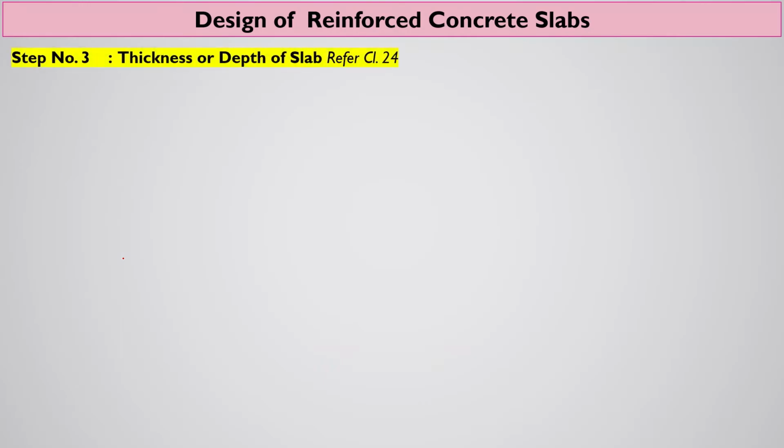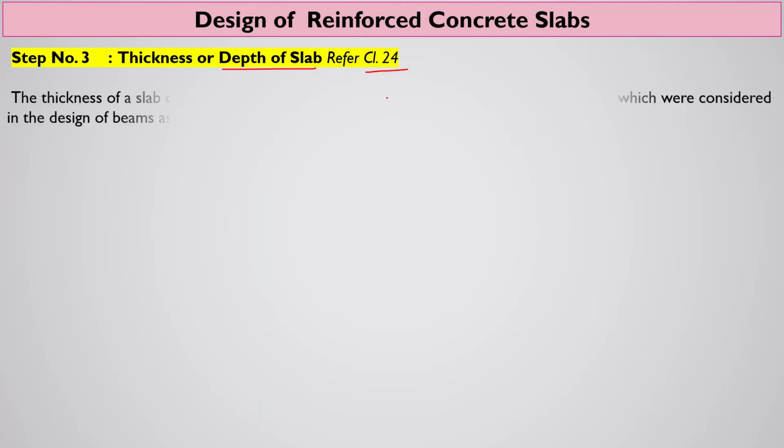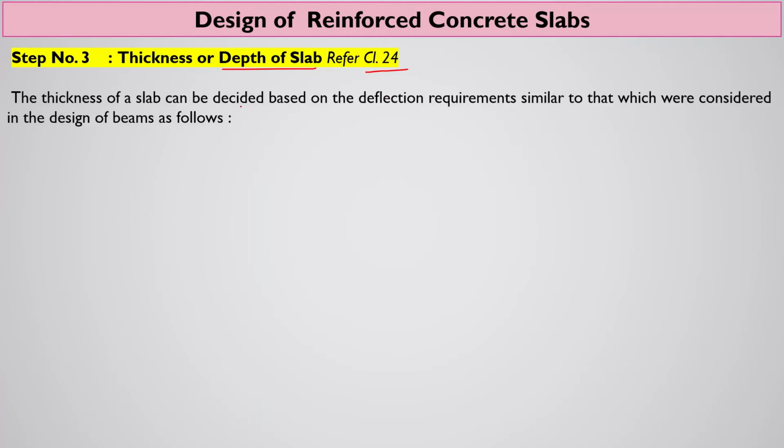Now step number 3 here, sometimes we call it thickness of slab, or you can say depth of the slab. Here you can refer to the guideline given in clause number 24. So thickness of slab can be decided based on the deflection requirement. We have already discussed this in the previous slides, similar to what was considered in the design of beams.